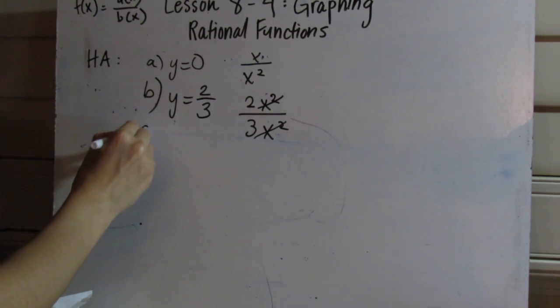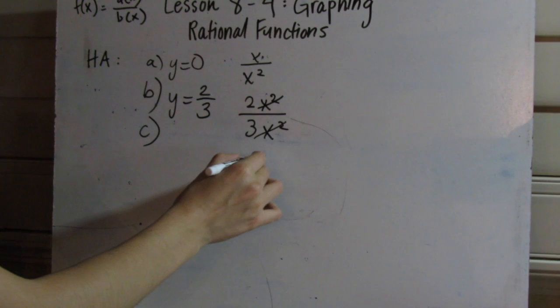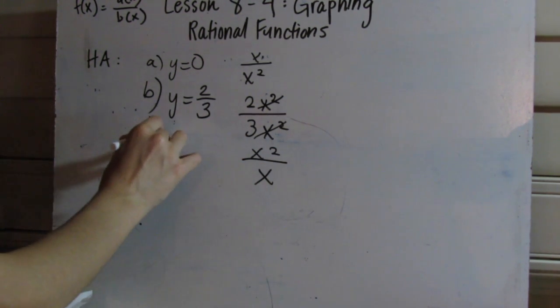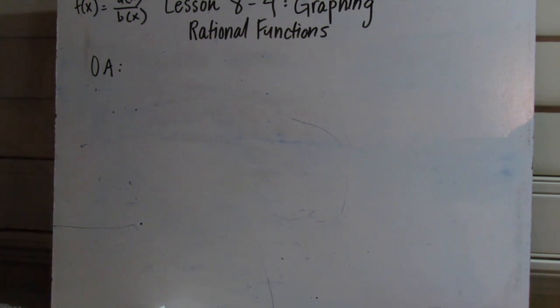There is one more note: if the degree of a of x is greater than the degree of b of x, then there is no horizontal asymptote. So if your function is like this, a of x over x, you are not going to have a horizontal asymptote.